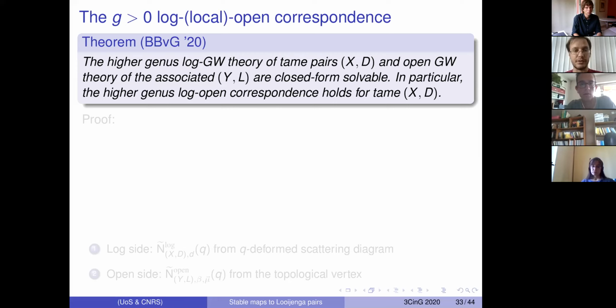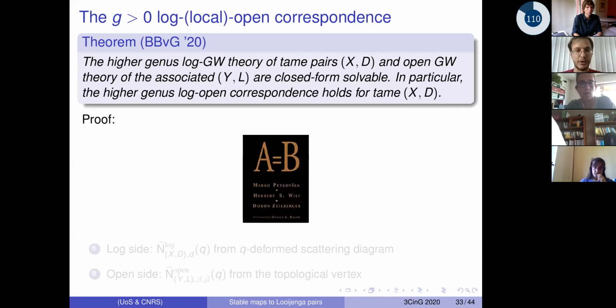The stronger result is that the higher genus log Gromov-Witten theories of tame Looijenga pairs (X, D), and the open Gromov-Witten theory of the associated open Gromov-Witten setup, (Y, L), are both closed-form solvable to all genera. And as a corollary, the higher genus log-open correspondence holds as proposed for tame pairs.